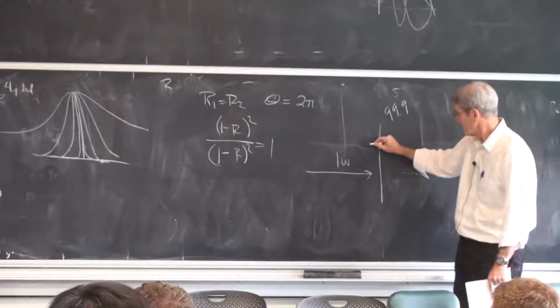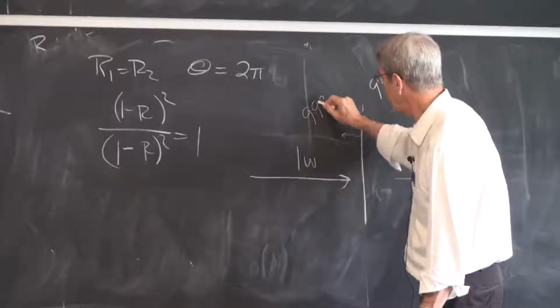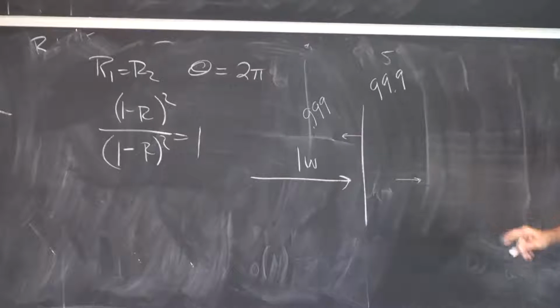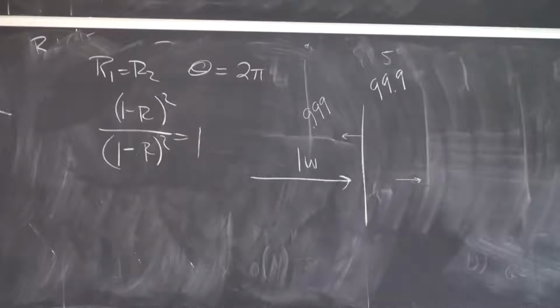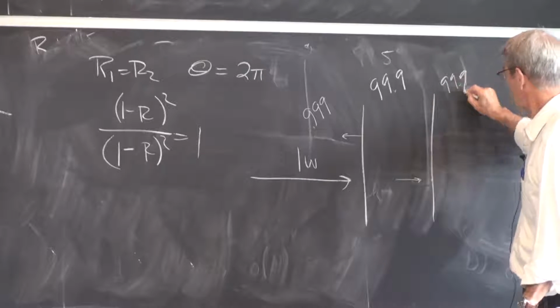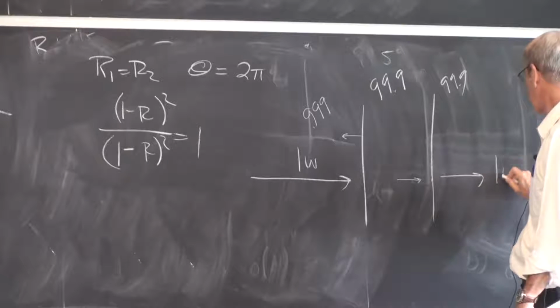So I'm going to have 999 milliwatts bouncing back. I'm going to have 1 milliwatt coming through. No big deal. Now, I take a second 99.9% mirror, I put it at just the right place, and bang, I have 1 watt coming through.